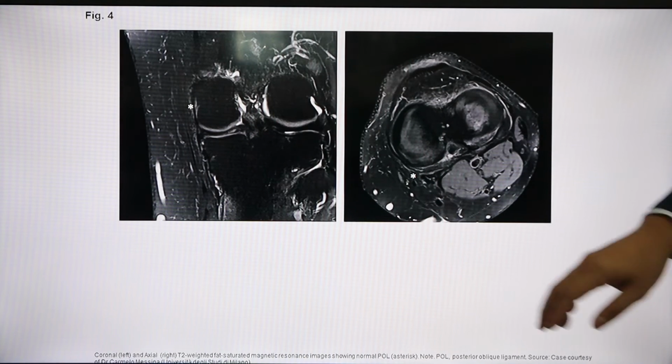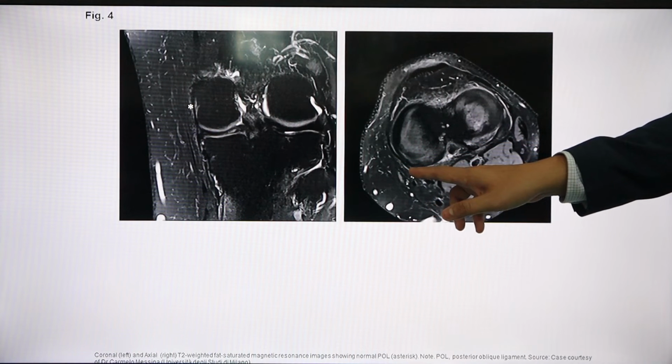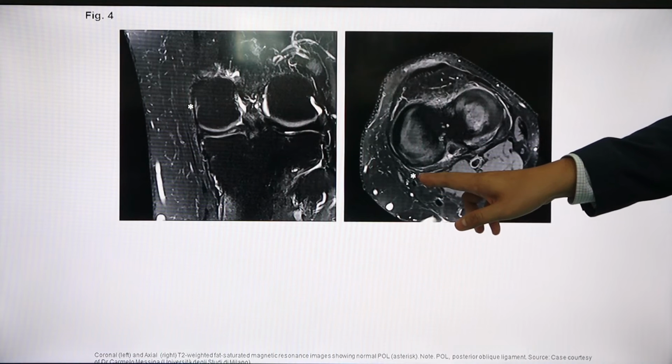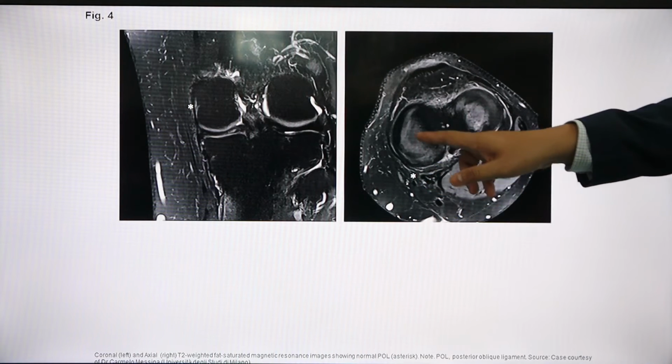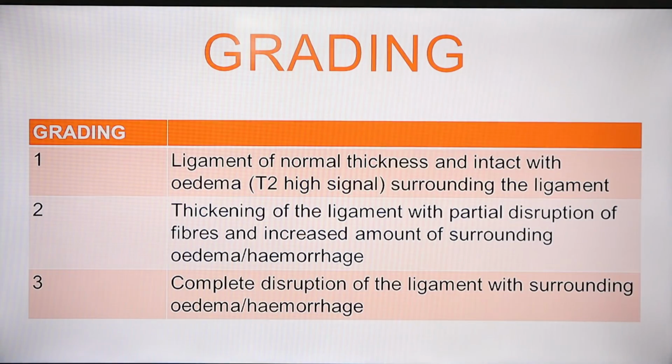Again, this is your PCL, SMCL, this is your POL, and this is your joint capsule, and this is your semimembranosus. This is the meniscus. So this is how you find the posterior oblique ligament and the posterior joint capsule. The grading is the same.